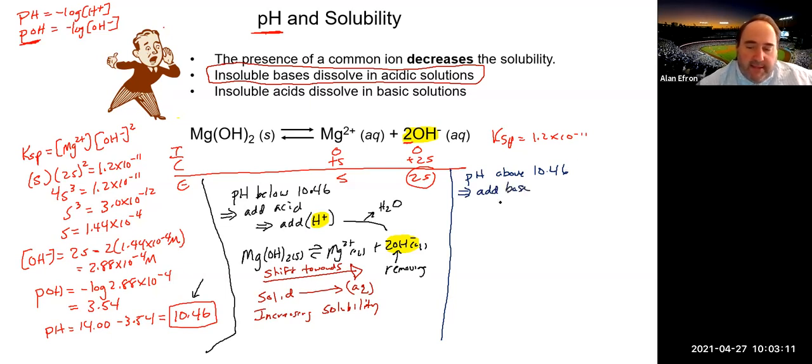When we add base, what are we really adding? We are really adding hydroxide. So let's take a look again at this equation and see what effect that would have on it.